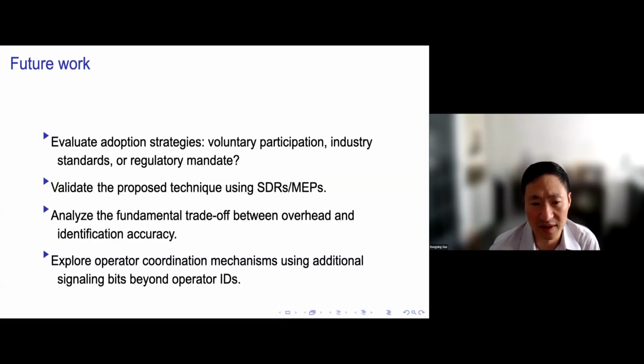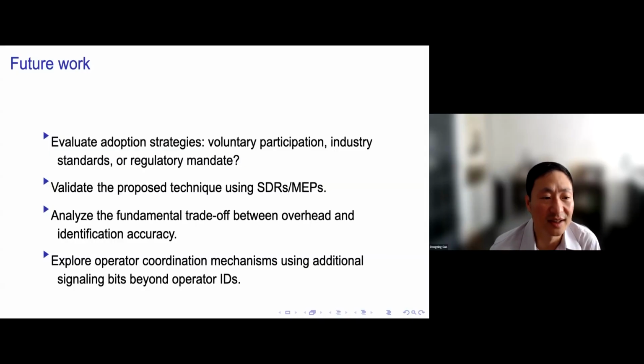Or an industry might decide to have a standard over a certain part of a shared spectrum, so that in order to share very well, we need to include some ID information. And further, it could be just a regulatory mandate. So we would like to study the policy aspect of this proposal.